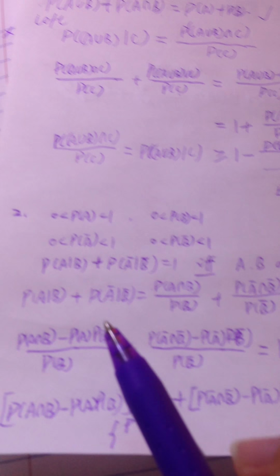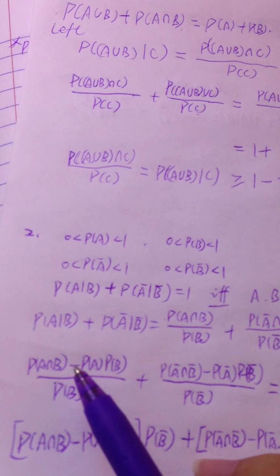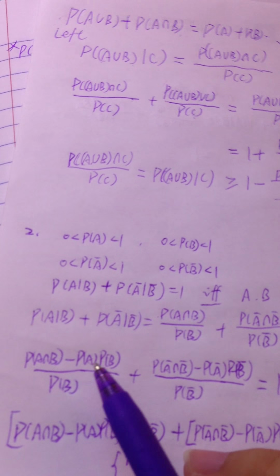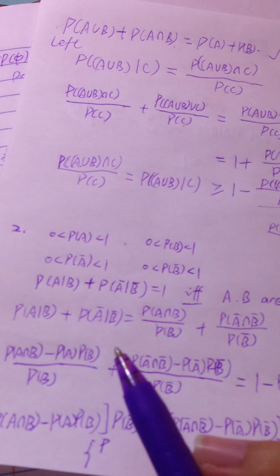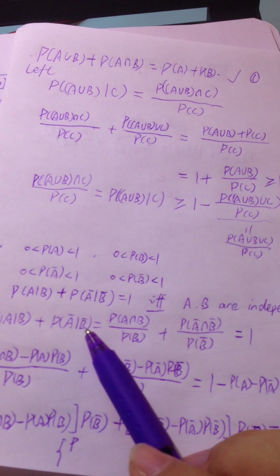So I subtract the probability of A times the probability of B from the first item, and do the same operation to the second item.